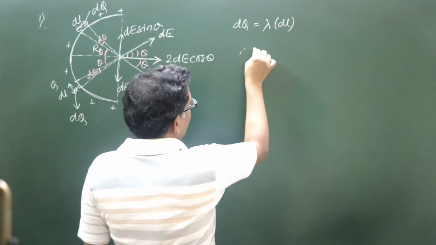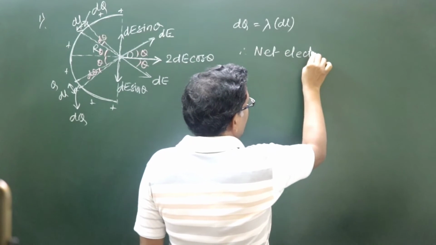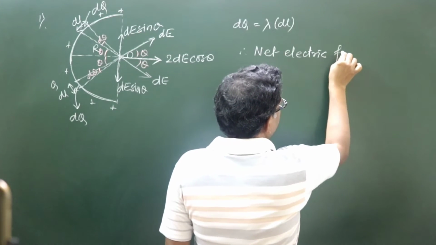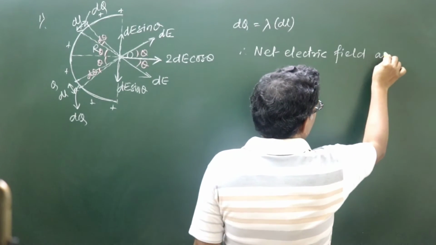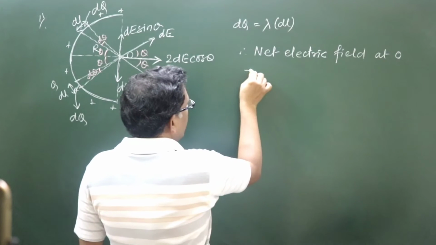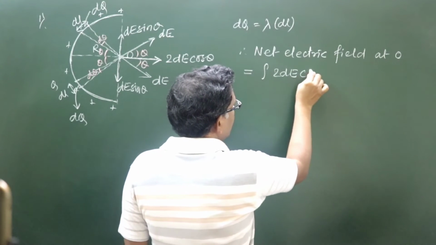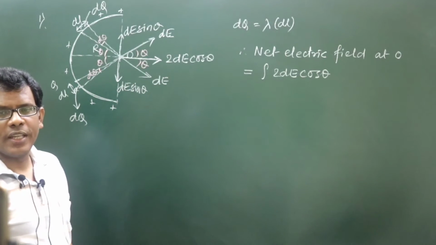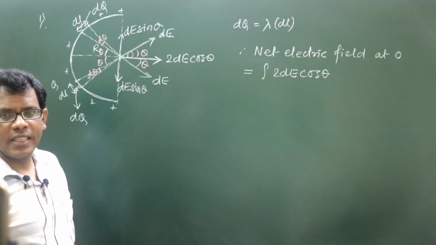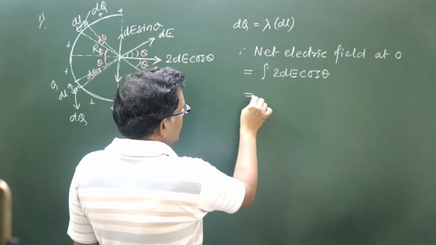So therefore the net electric field at O can be found by integrating 2 dE cos theta. So if we integrate each and every step, we will get the resultant electric field.